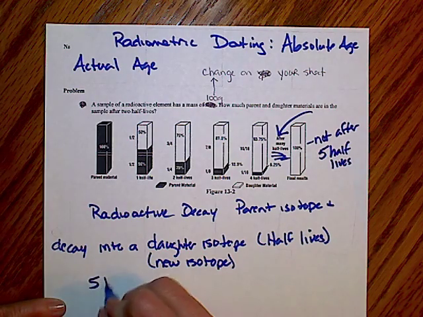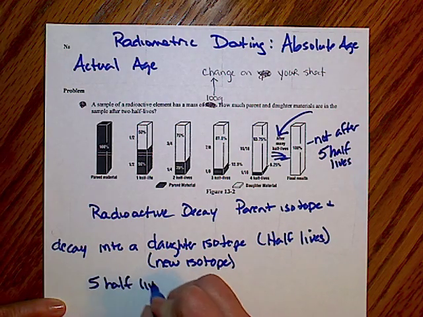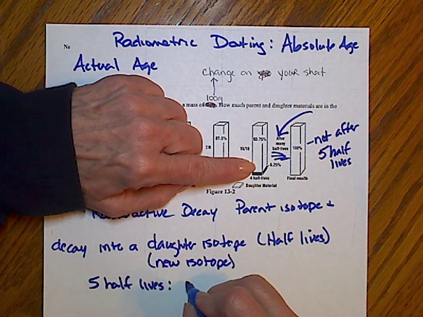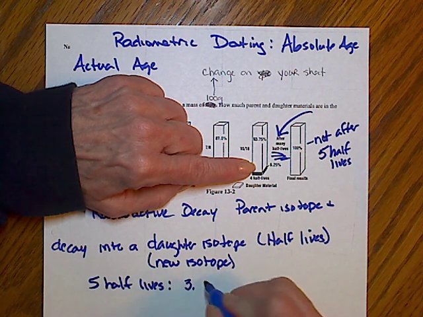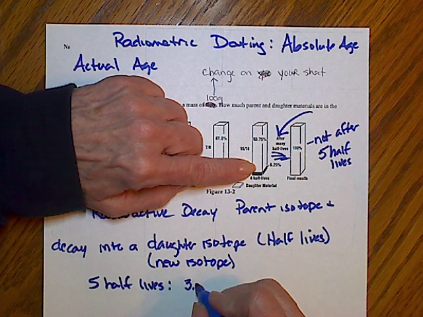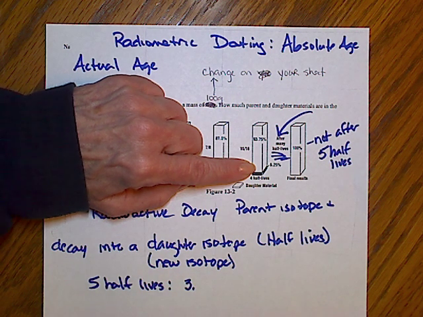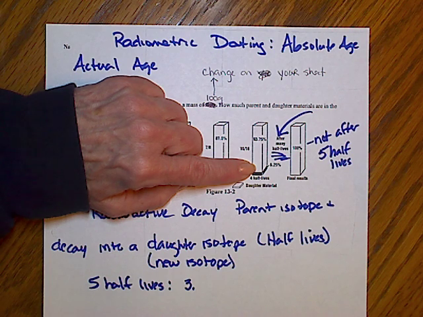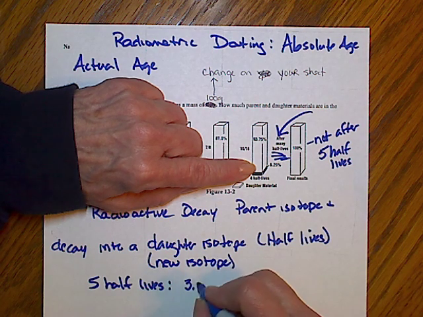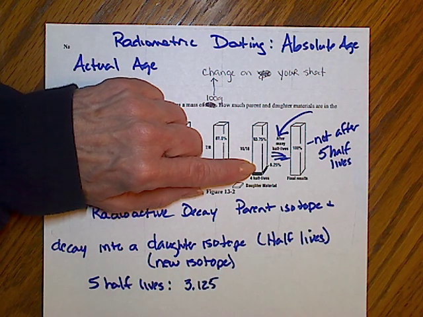Because at 5 half-lives, I would have half of my 4th, what would that be? Half of 6.25 would be 3.125. Okay? It would be half of that.